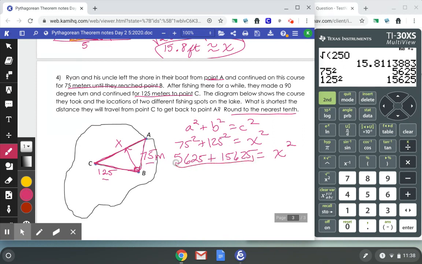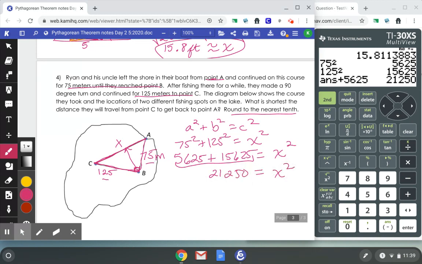So I have to combine what's on the left side first. I'm going to add 5,625 plus 15,625, and I get 21,250 equals x squared. I still don't have x by itself. I have x squared.